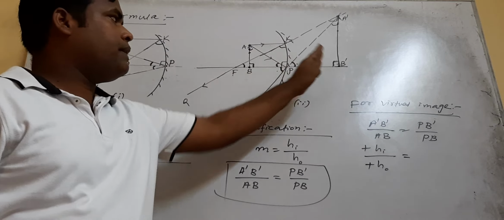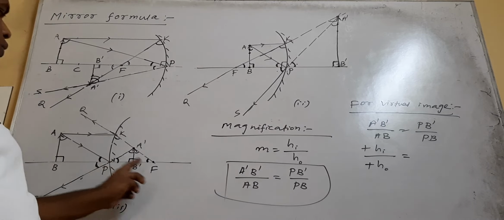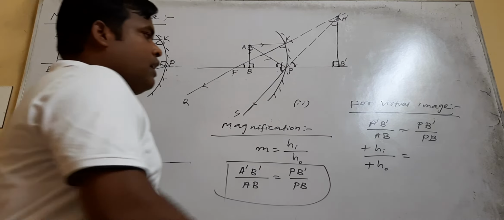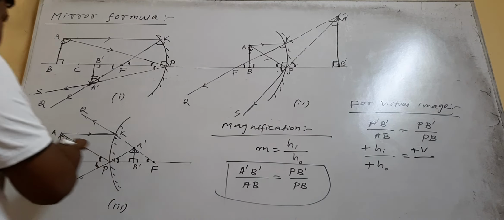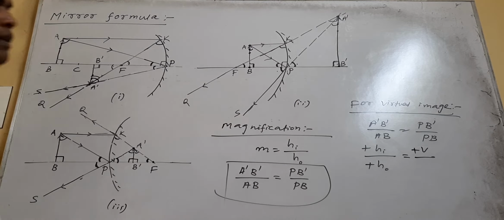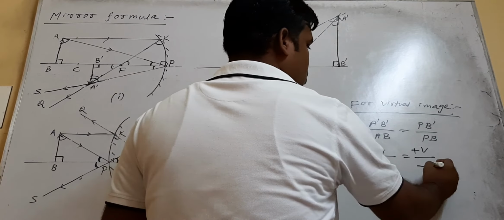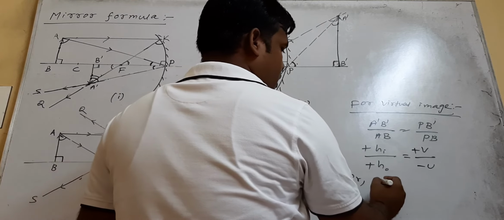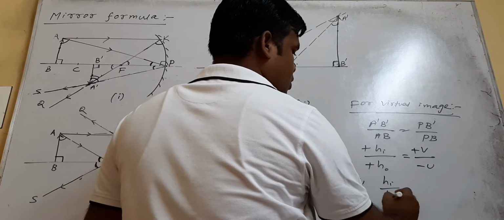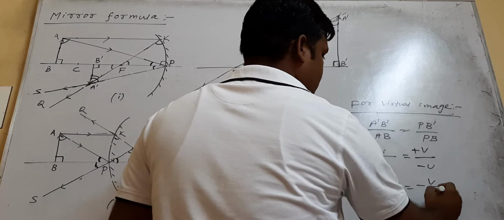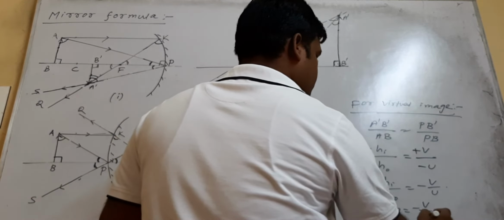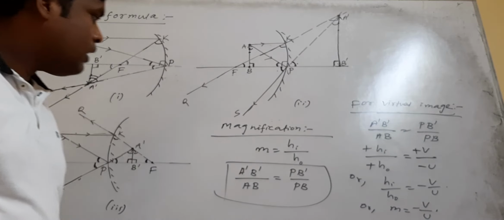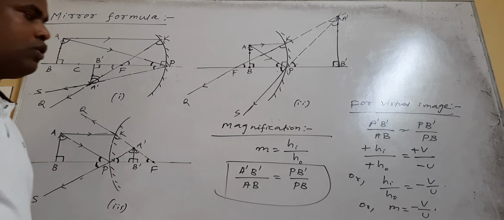Virtual means it is the right measurement, right of the pole, that is plus v. And what is PB? You see in both the cases, that is minus u. So you will get hi by ho equal to minus v by u, or m is equal to minus v by u.